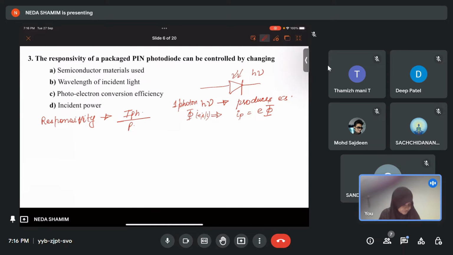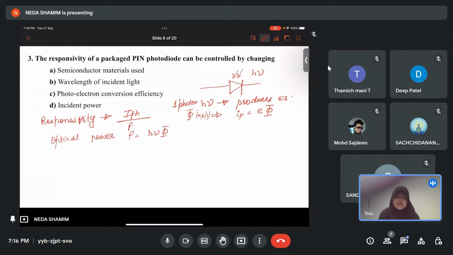So now what are we supposed to do? Now the optical power: say optical power P is equal to h nu phi.